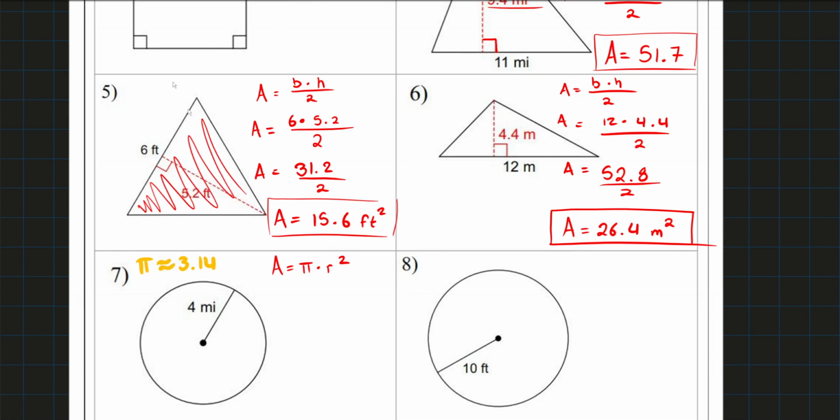All right, let's plug it in. Area equals 3.14 times, and what's my radius? 4 miles, so 4 squared. Area equals 3.14 times 16.